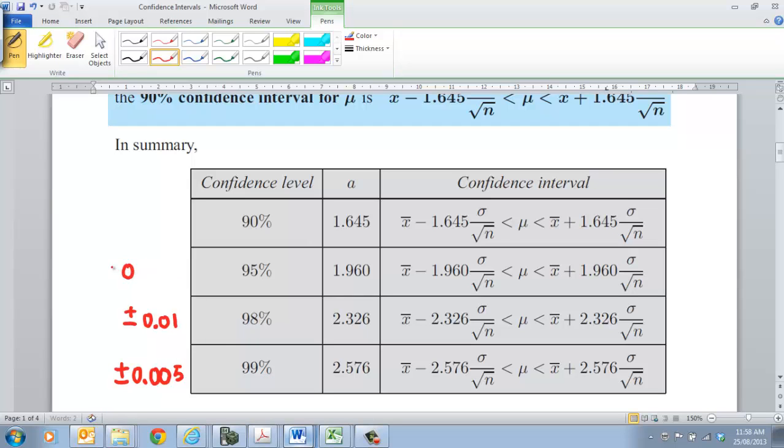Remember this one here was 0.025, and this one here is 0.05. So all you're doing is using your z-score, and we're using our interval to find these values.